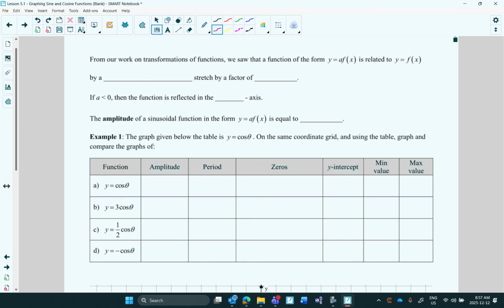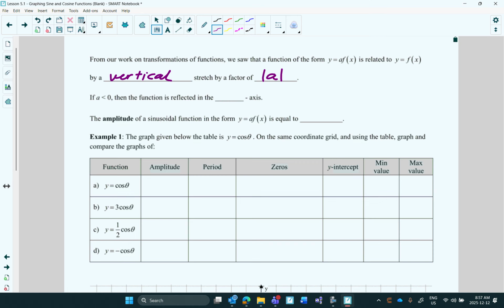So, when we have a number in front, we know it's a vertical stretch by a factor of whatever the absolute value of A is. We don't include the negative when we talk about stretches, because negatives are flips.